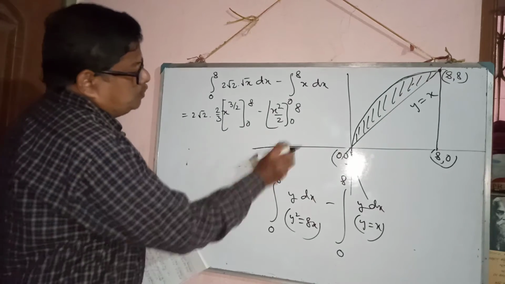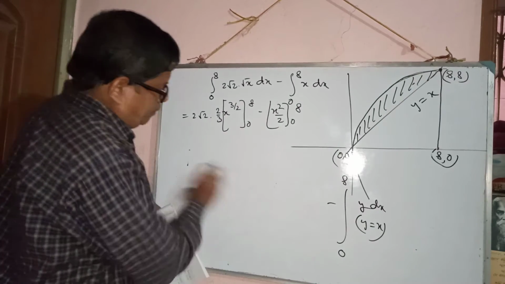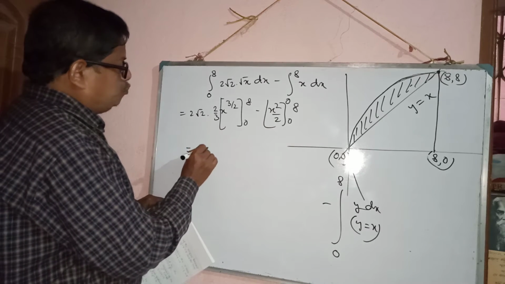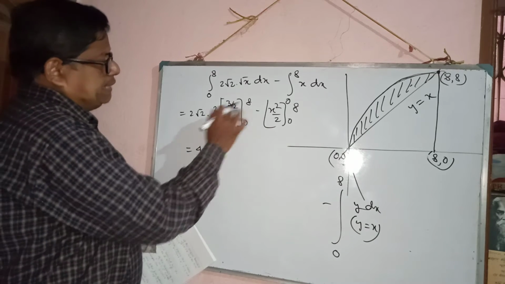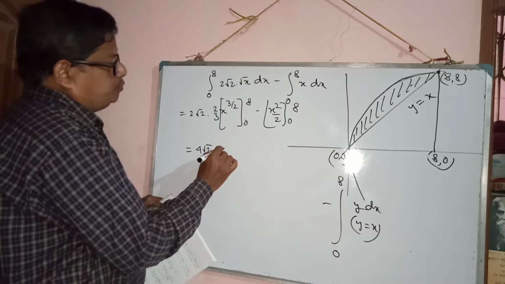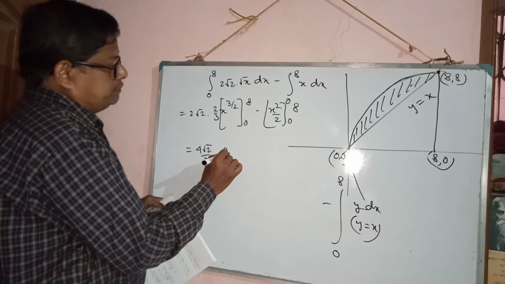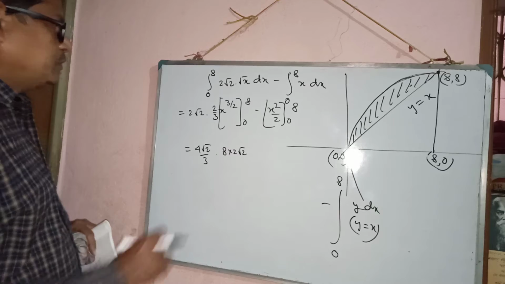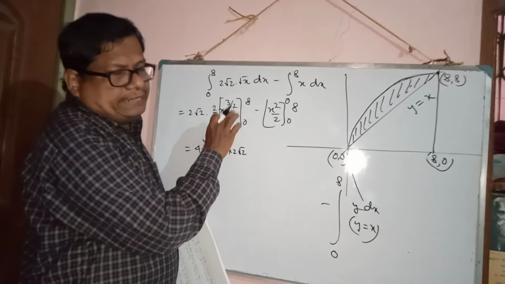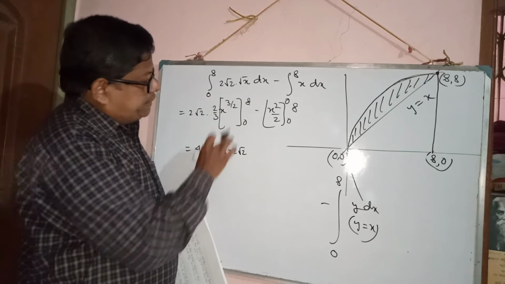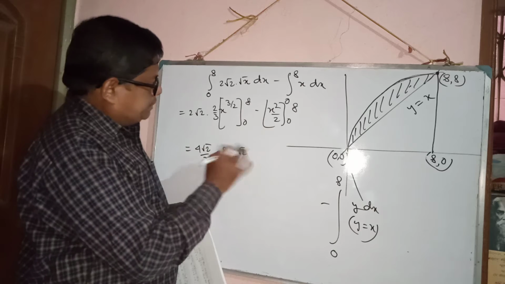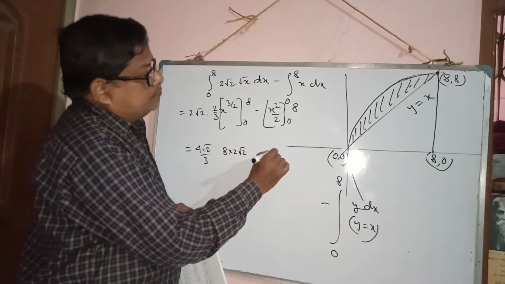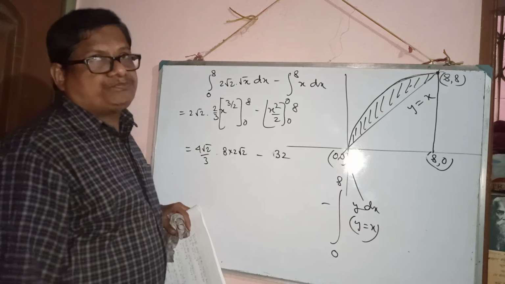So you will get 4 root 2 by 3 times 8 to the power 3 by 2, that is 8 root 8, which is 16 root 2, minus 64 by 2, that is 32.